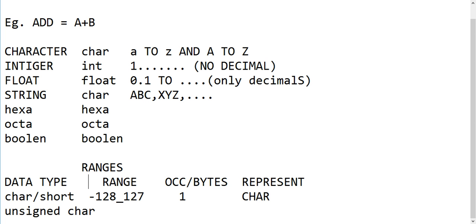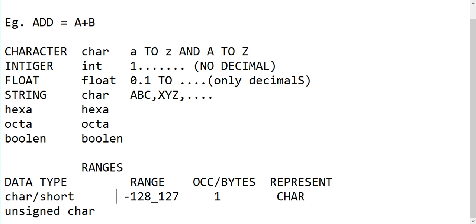Now unsigned character has its range, but it is always positive, 0 to 255. It also occupies only one byte and also represents characters.